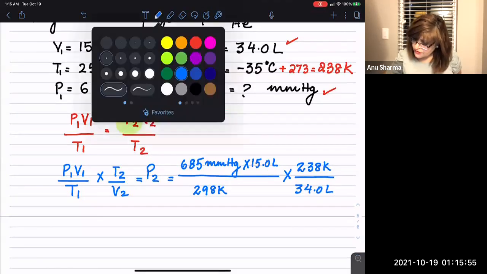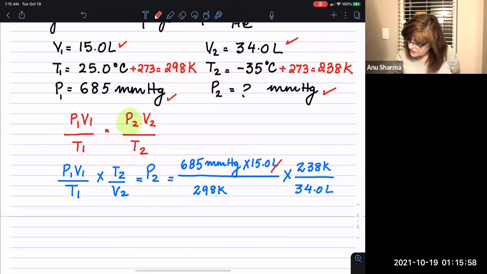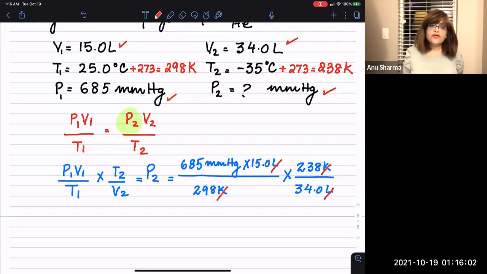When you do this, the liters and liters cancel out, and the Kelvin cancel out, and you're just left with the units of millimeters of mercury, which is what you want in this equation.